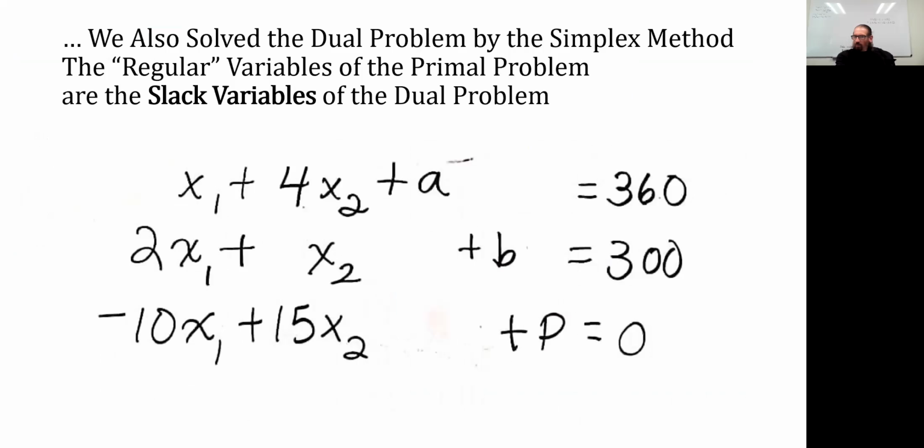But now I put in the original variables from our standard minimization problem, A and B, and make those the slack variables in the dual problem. We had already solved this problem, although I probably named the slack variables differently previously. We solved this not only by the method of corners, as I just reminded you, but we've also seen this by the simplex method.